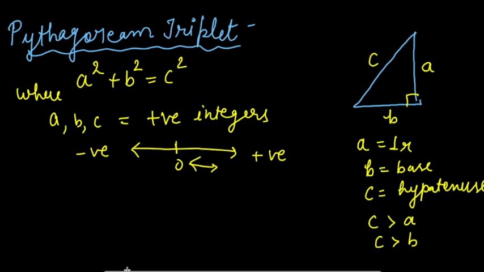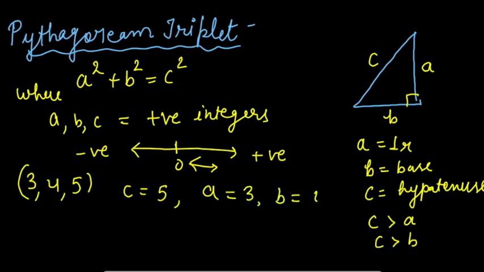So with this, if I give you a combination, say 3, 4 and 5, are these three numbers a Pythagorean triplet? So you see, what is the highest number here? 5. So my C is equal to 5 and A I can take as 3 and B I can take as 4.